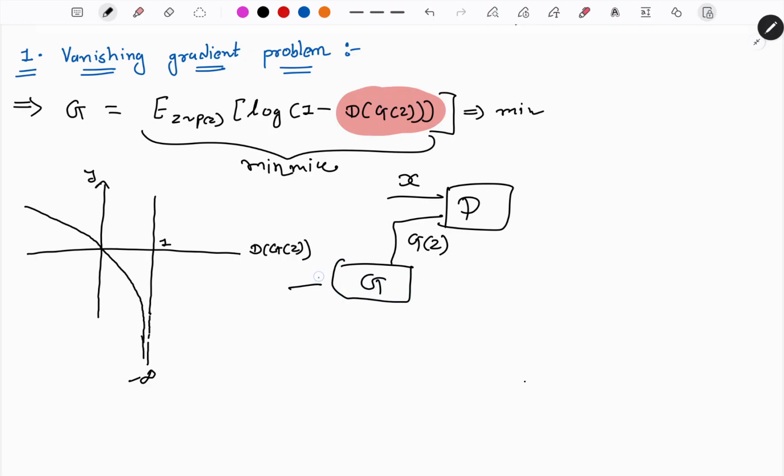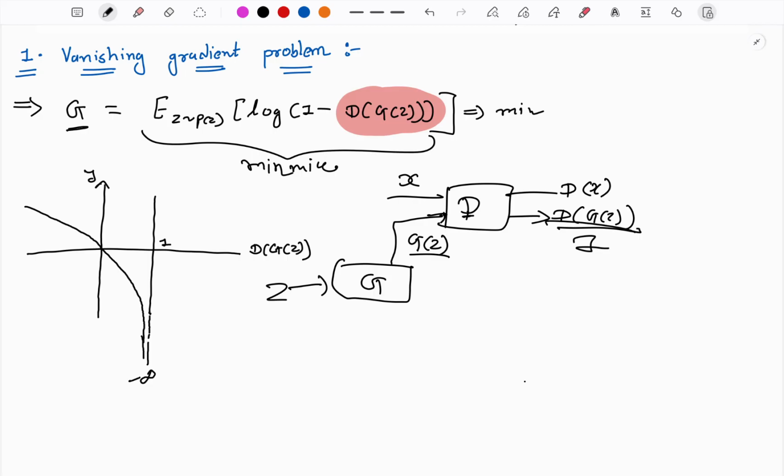Here is a generator, here is z, and here is G of z. So the discriminator has two probabilities. One is D of x, and if you pass G of z here, then we have D of G of z. So in terms of the generator, what we want is this value becomes 1. So this is our expectation.